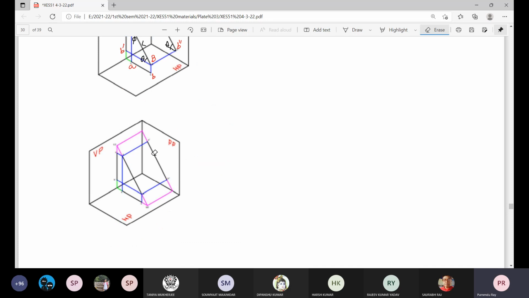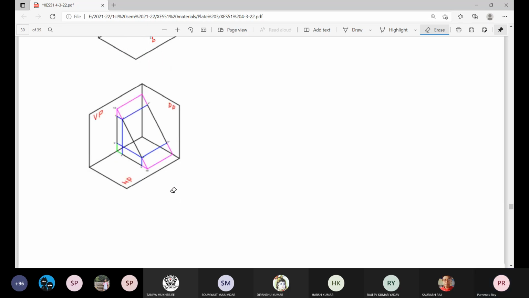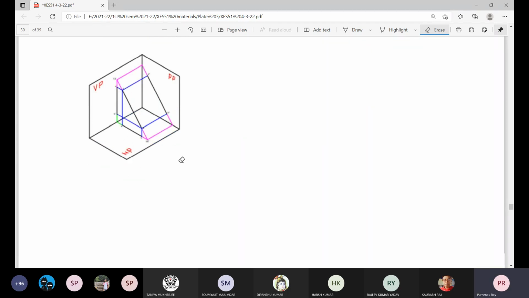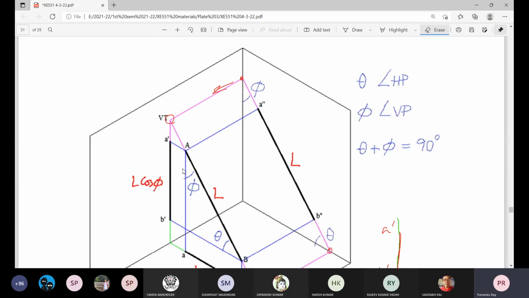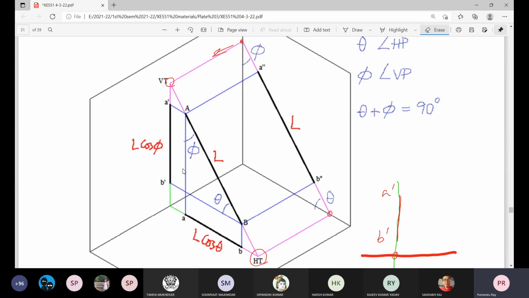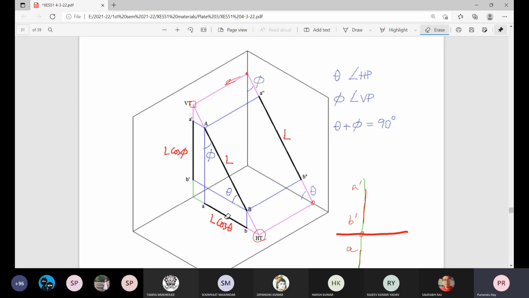Extend this side view to meet the profile axis, extend this side view to meet the horizontal axis, and that's all. Extend the line itself to get the VT and HT. The same thing we get from here, and find the corresponding elevation and plan, as if this is the set square of 60/30.